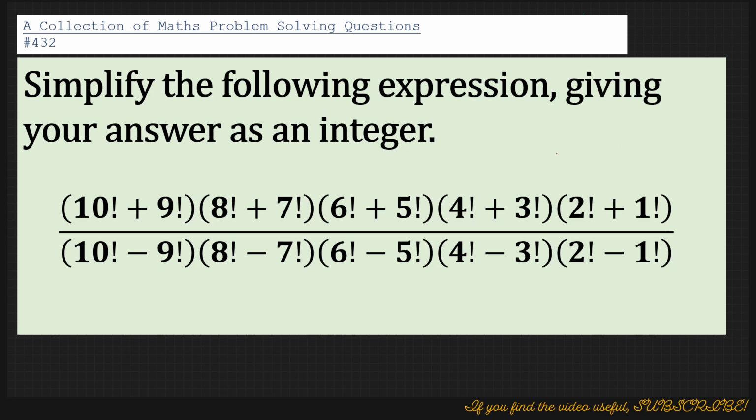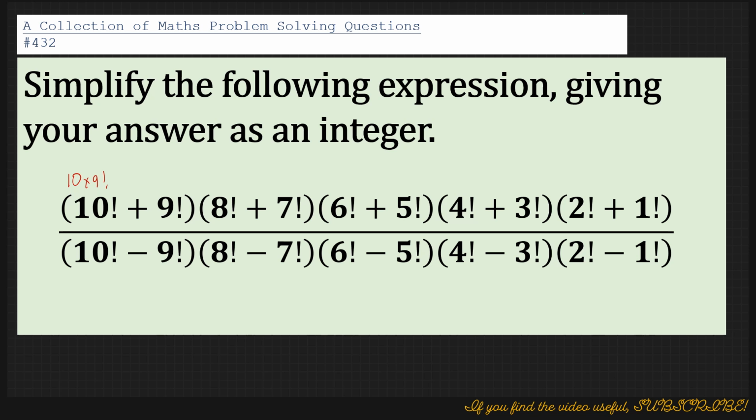Rewrite these factorials. Factorial 10 can be written as 10 multiplied by factorial 9, and factorial 9 remains as it is.